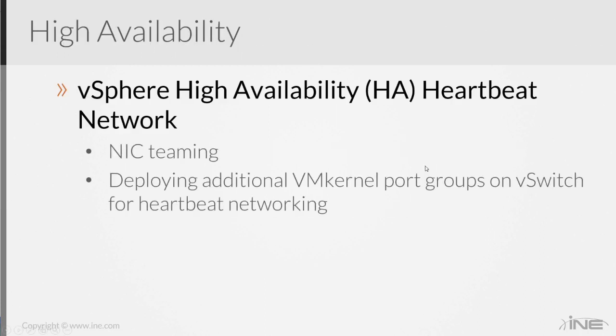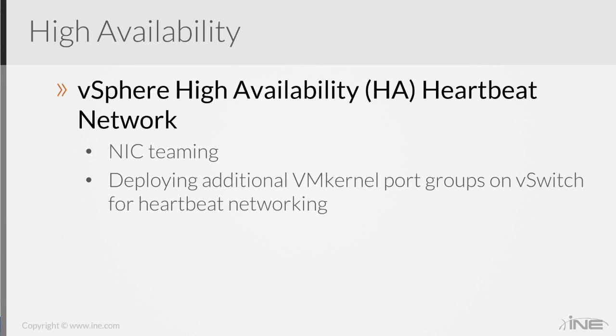Here we have a couple of different ways where we could provide redundancy for our heartbeat network. Firstly, we could deploy additional physical adapters and team them for VMkernel management traffic. VMware's recommendation for this is we deploy one adapter as active and one in standby with no failback.